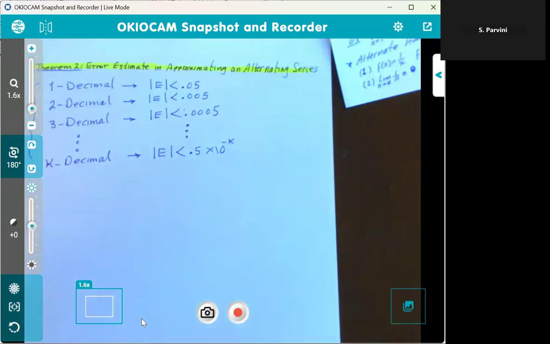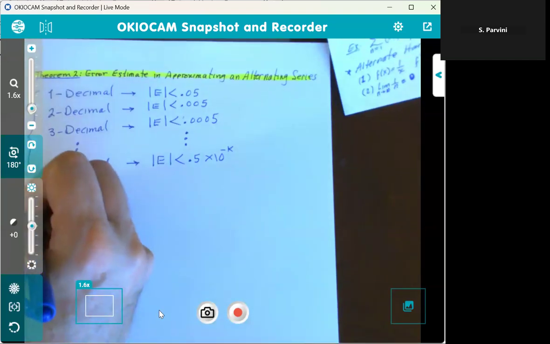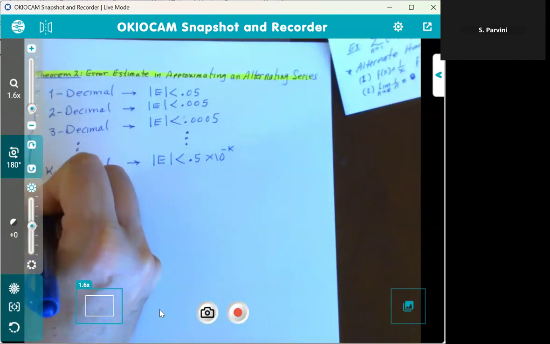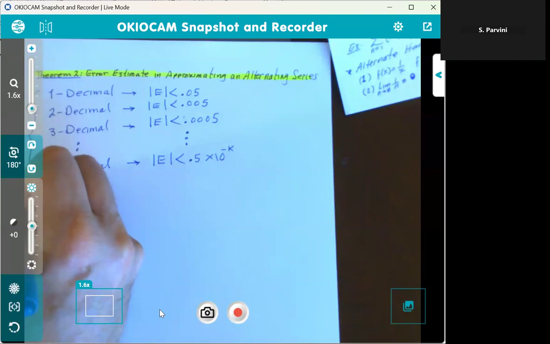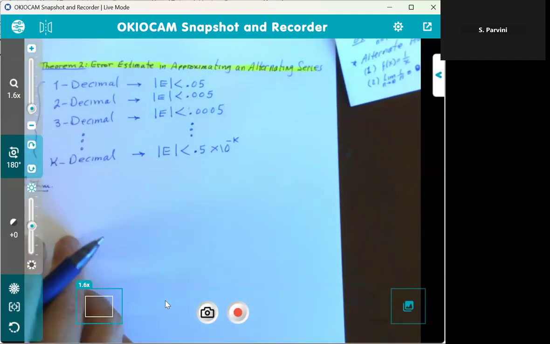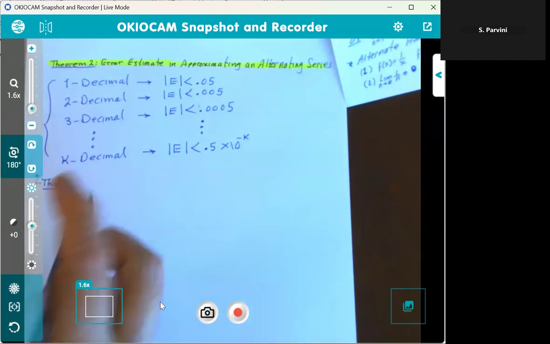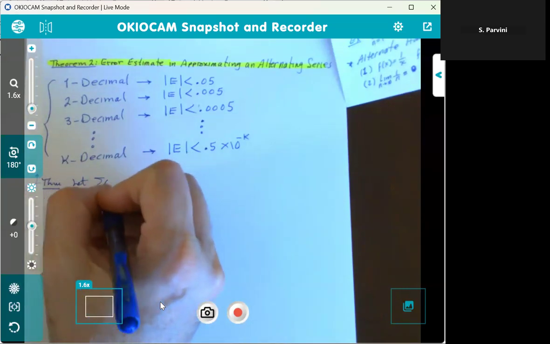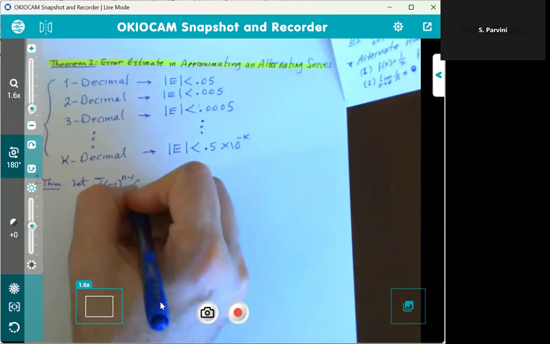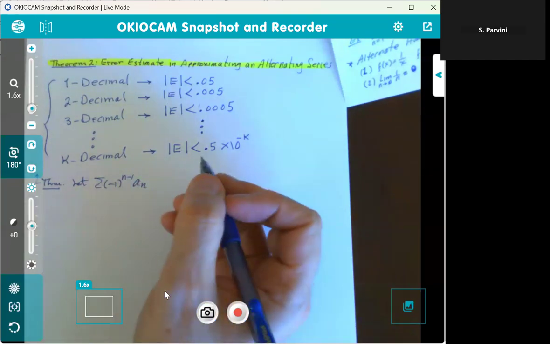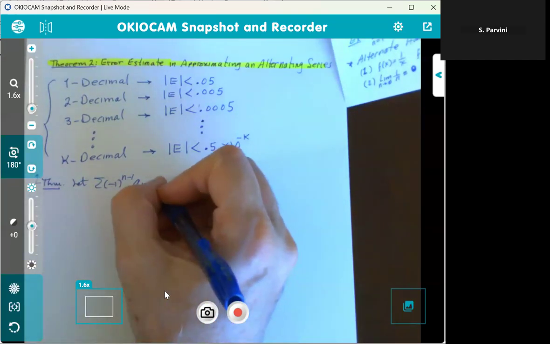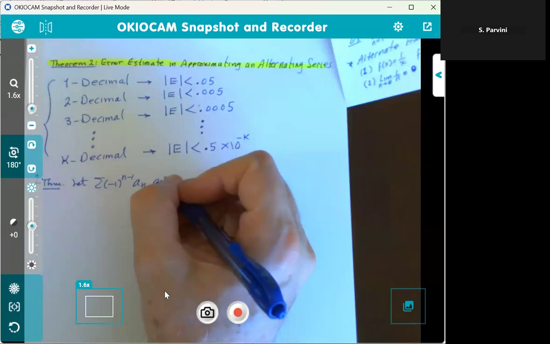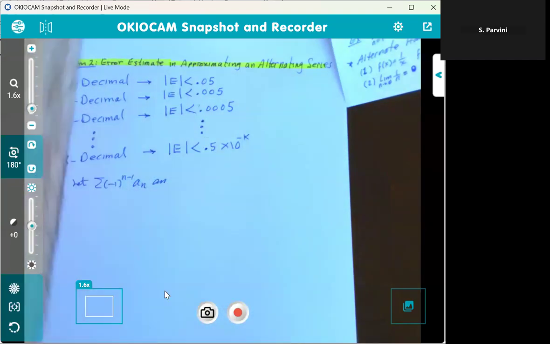Let's see what this error in approximation, theorem 2, looks like. So here's the theorem. I'm going to state the theorem that's up there. This theorem goes like this. We're going to let the sum of (-1) to the n minus 1 times a sub n be our alternating series, and we want this to converge.